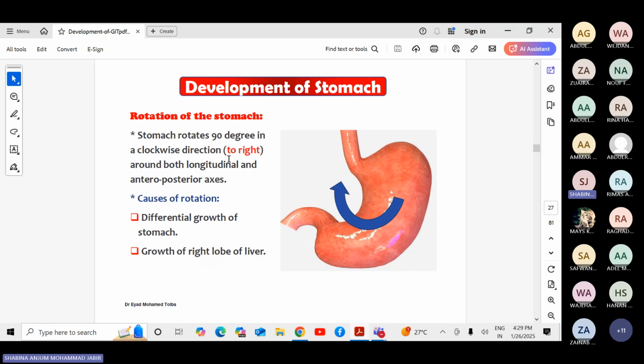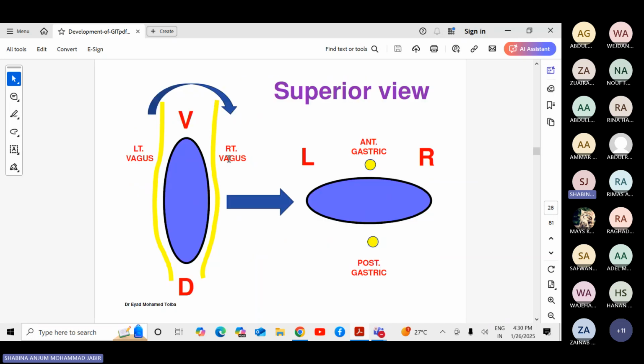And this rotation will happen in both axes, longitudinal and anteroposterior, because now this is just a fusiform tube. As soon as it grows into greater and lesser curvature, it needs to be rotated to its exact position. So here you can see, right?